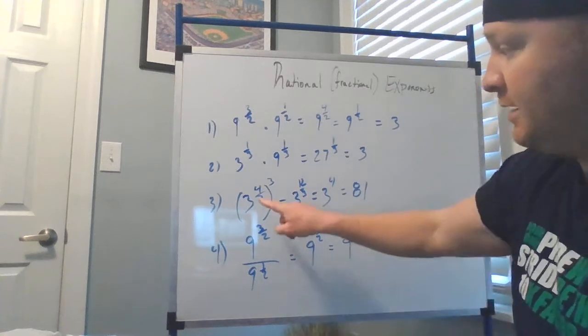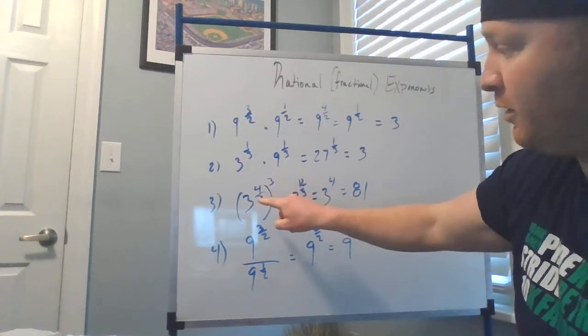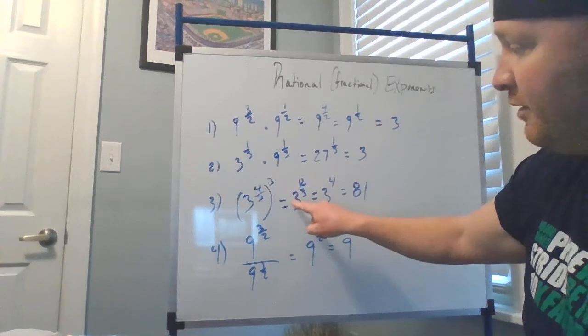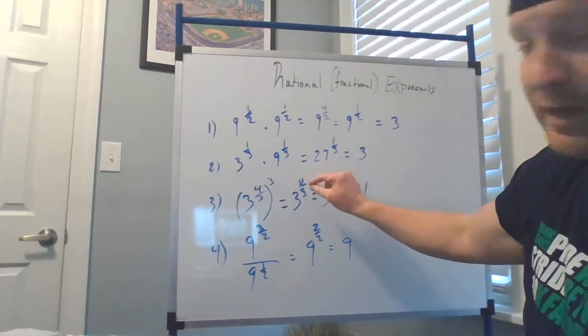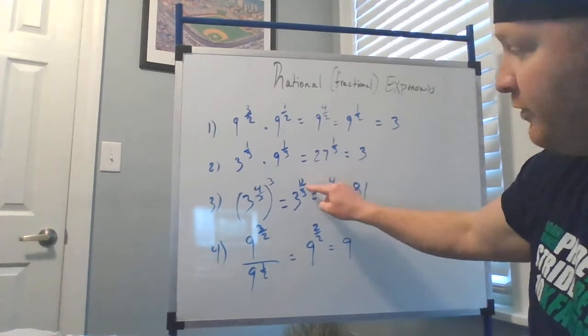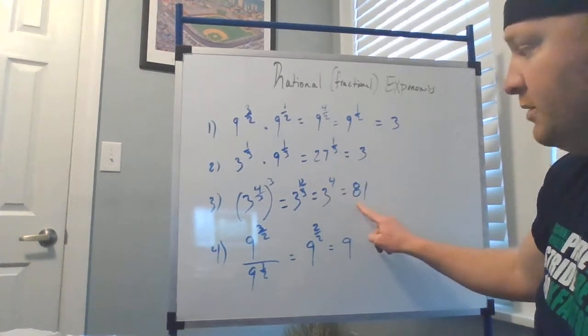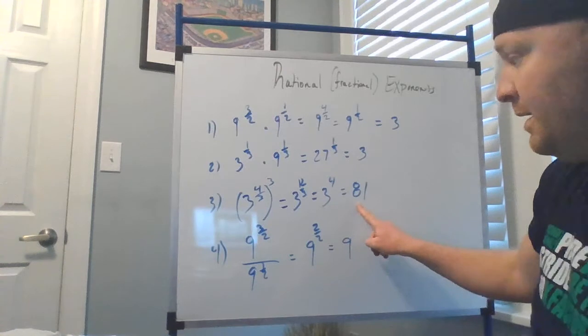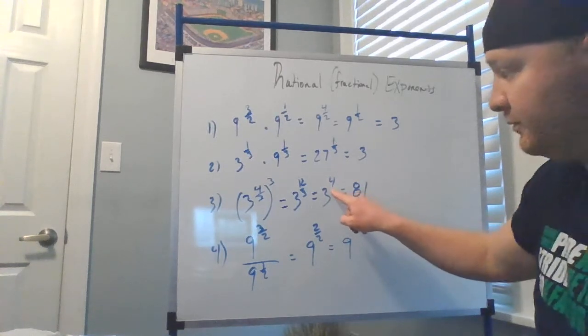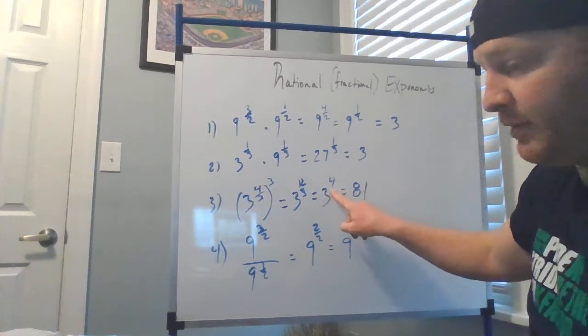So that being said, I only multiply the 3 times the 4, which is the same as 3 to the power of, sorry for my messy handwriting, 3 to the power of 12/3, which reduces to 3 to the power of 4, which is equal to 81, okay? Because I got rid of the denominator there, so that was nice. So that means there's no root on this one.